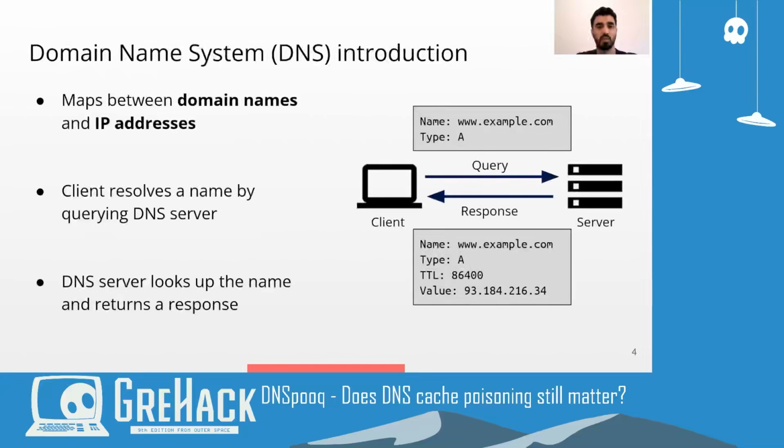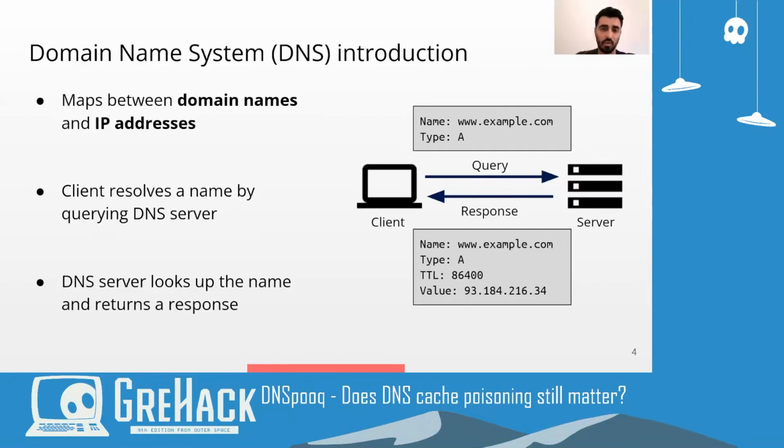So DNS, the DNS protocol, is a core internet protocol that is used to map between domain names and IP addresses. Computer networks understand IP addresses, but humans are better with domain names. Therefore, a distributed database system has been invented to bridge this gap. It works with a client-server architecture, where the client resolves the name by querying a configured DNS server.